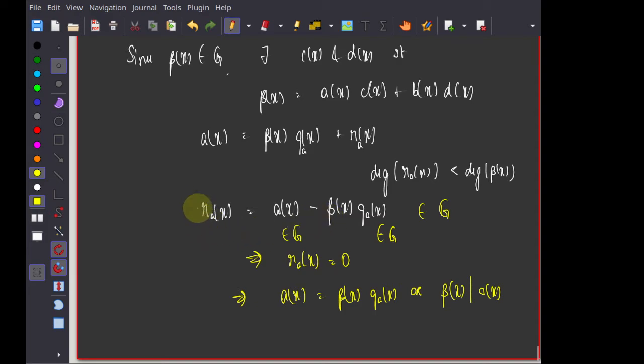This can happen only if Ra of x is equal to 0, because we know that 0 is in G, it's a group. And the only non-zero polynomial of the least degree is beta of x, correct? So Ra of x must be equal to 0.